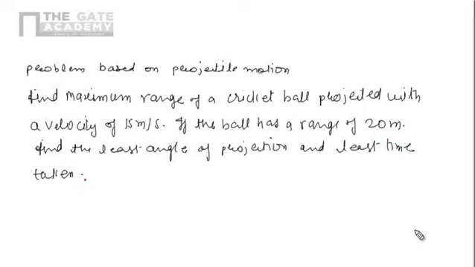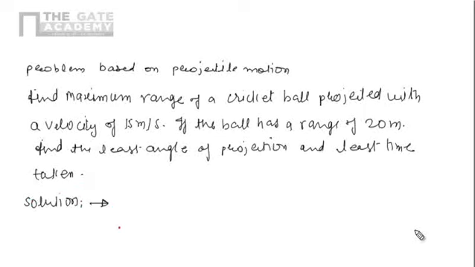So here in this problem, we have to find out the maximum range of a cricket ball, and in the next part, the range is given as 20 meters. On the basis of that, we have to find out the least angle of projection and the time taken. So now we are solving this problem.